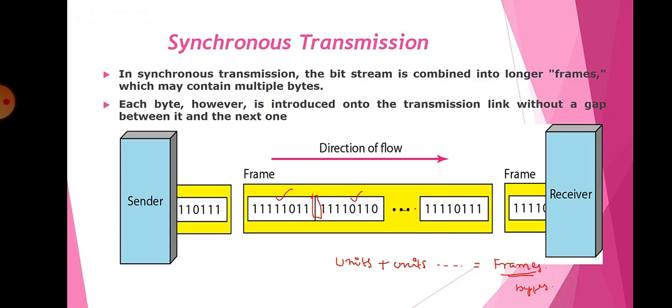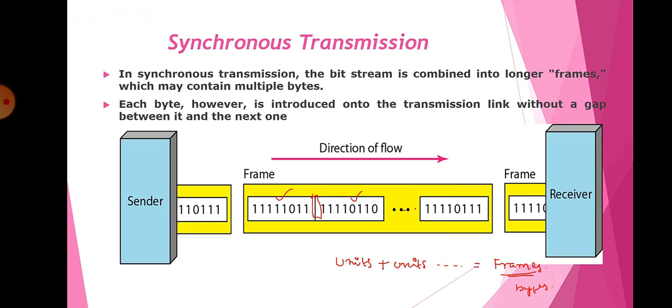So in short, we can say that in the case of synchronous transmission, we send bits one after the other without start as well as stop bits, and also there is no gap between the data units. It is the responsibility of the receiver to group the bits.